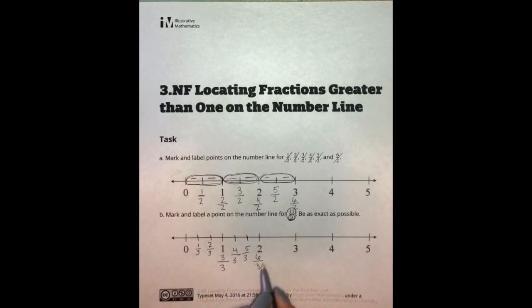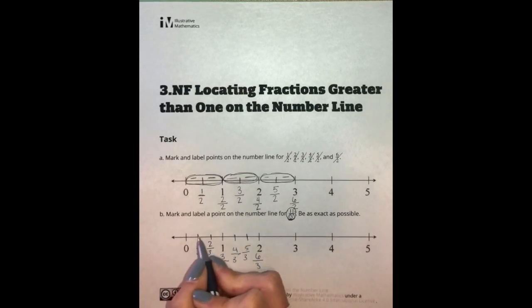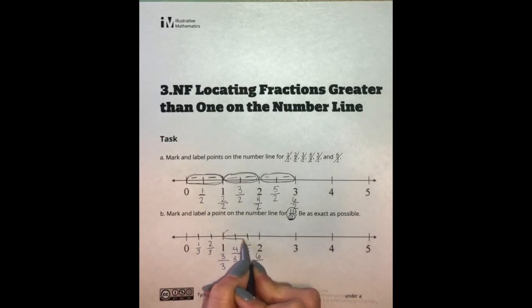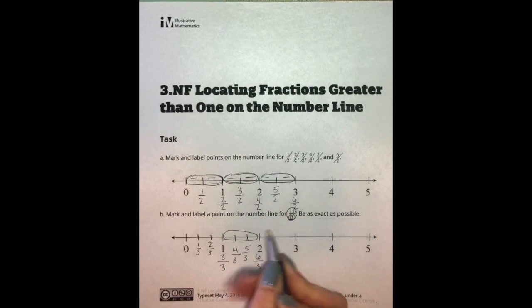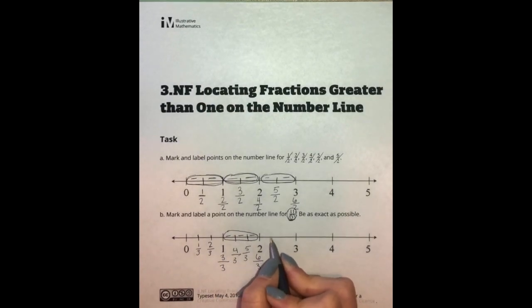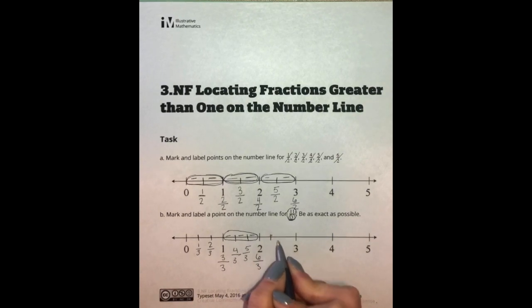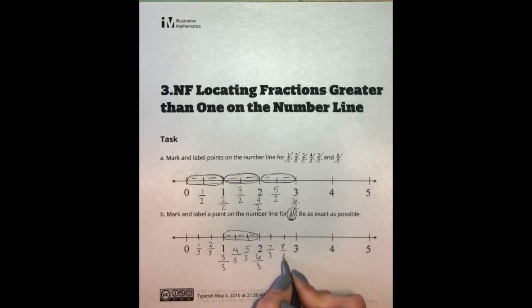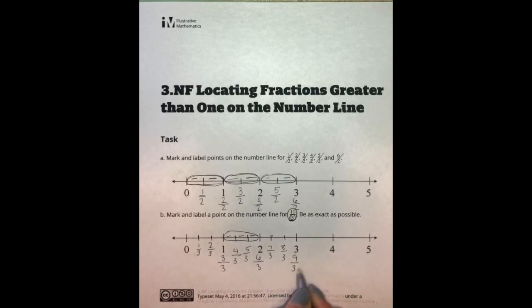And it's 6/3 because it's bigger than 1, and it took 1, 2, 3 more thirds to make another whole. So 3/3 is 1, 6/3 is 2 whole blocks. Then another group of thirds, so 7/3, 8/3, and 9/3.